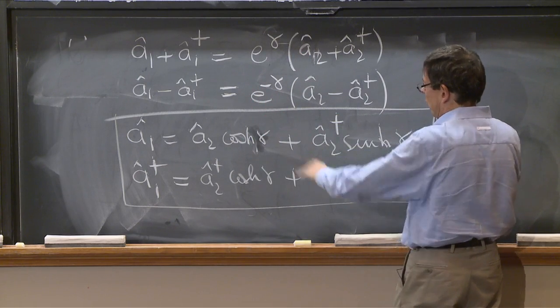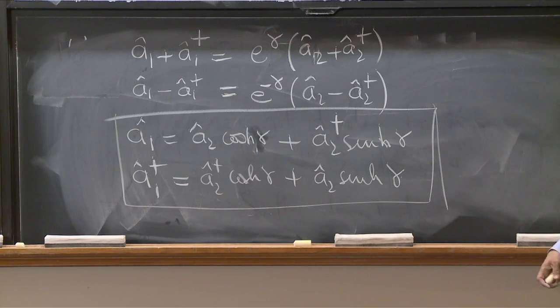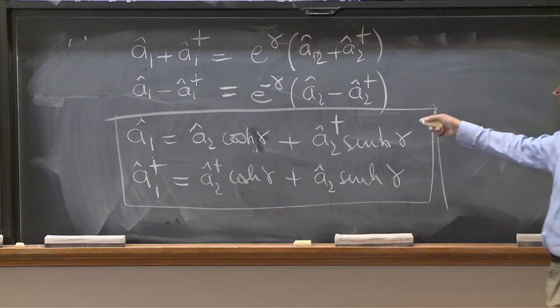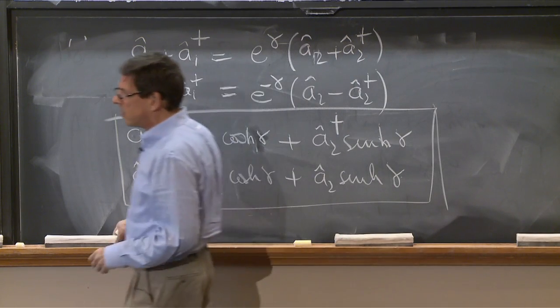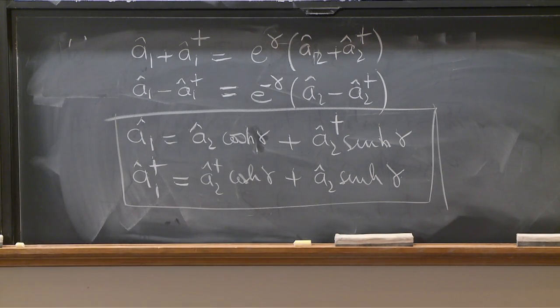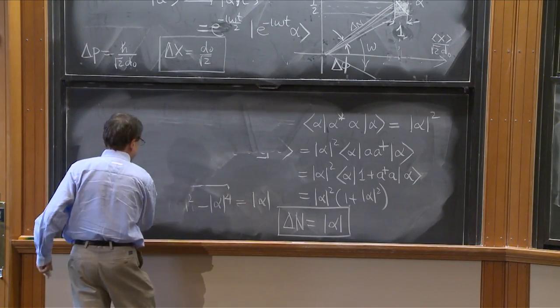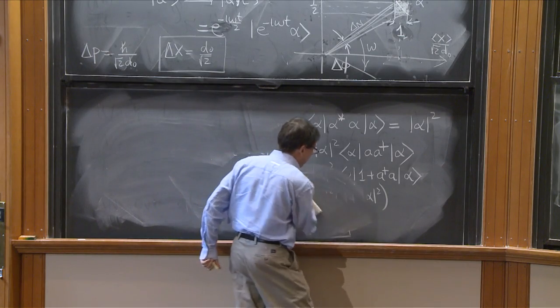So we don't need it right now, but in case you want to find the 2's in terms of the 1's, you would just change the sign of gamma, and it would work out. OK, so this relation is the key to allow you to calculate things.